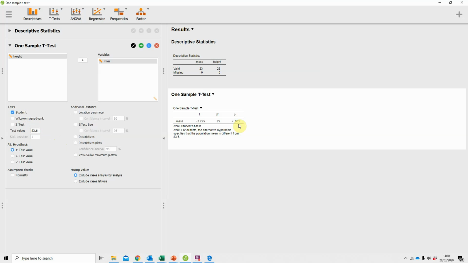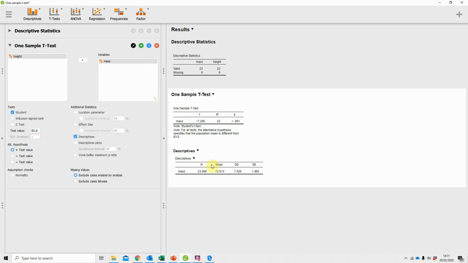Now at this point we don't actually know if that is greater than or less than, so I'm just going to bring back my descriptives, and we can see that our average mass in the data sample we have here is 72.9, and that the average in 2017 was 83.6. And it's an important point because often people get carried away in their initial assessment and they say, these values are statistically different, and we need to state the direction of the difference.